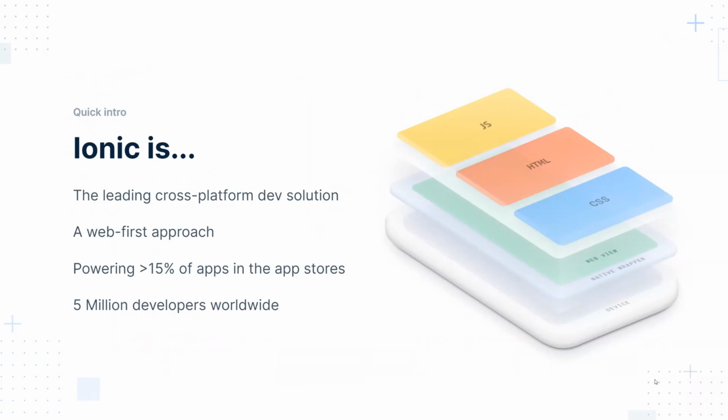So for those of you that are perhaps not as aware of who Ionic is and what we do, just a brief note and then we'll get right to it. Ionic is the leading cross-platform developer solution for building all different types of apps at scale. We are a web-first approach.